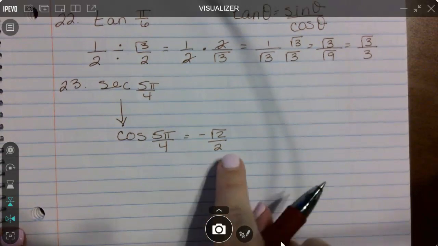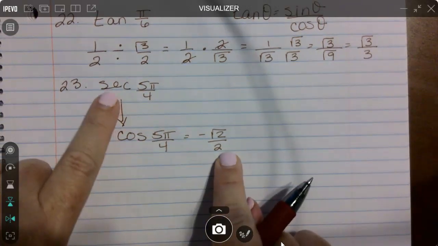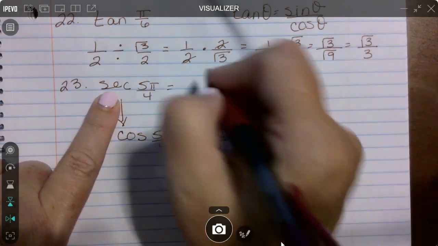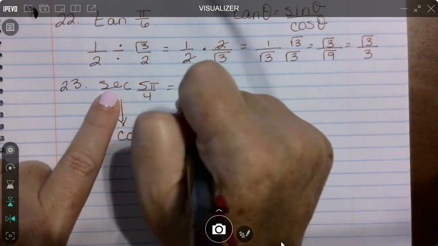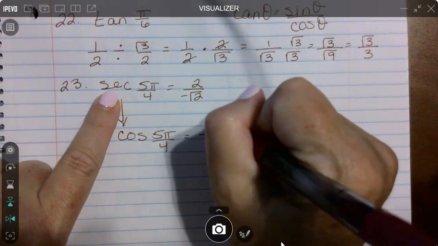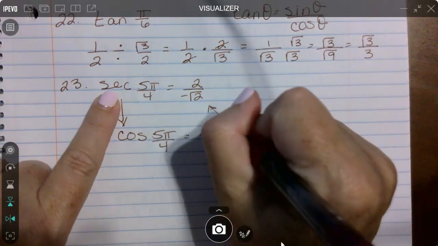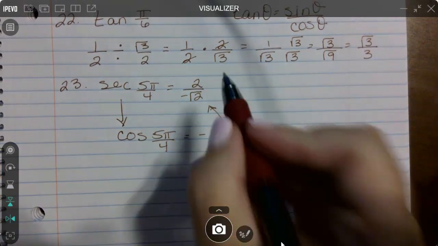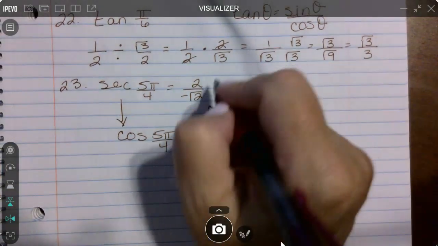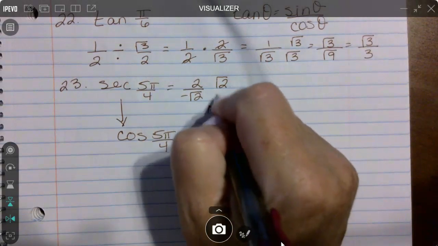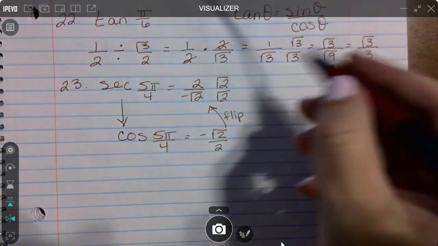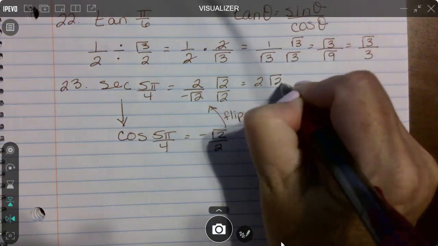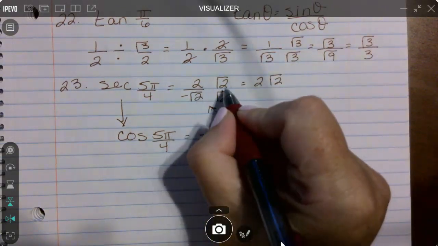Now, this is cosine. Remember, we want secant. So the way we turn it into secant is we flip it, or take the reciprocal. But we can't have that square root of 2 at the bottom. So we're going to multiply the top and the bottom by the square root of 2. And so we get 2 square root of 2. That's an outside, that's an inside.